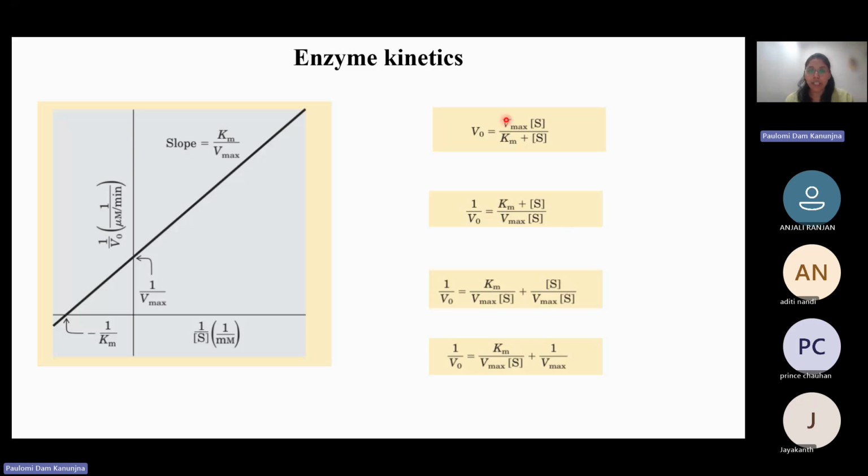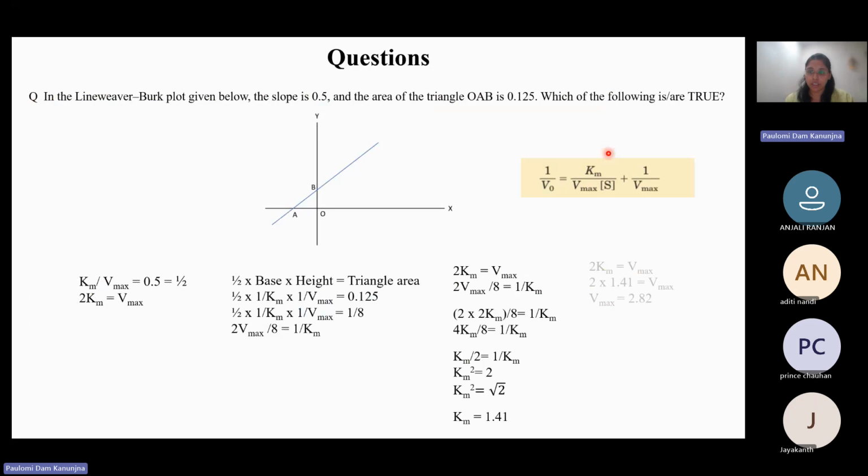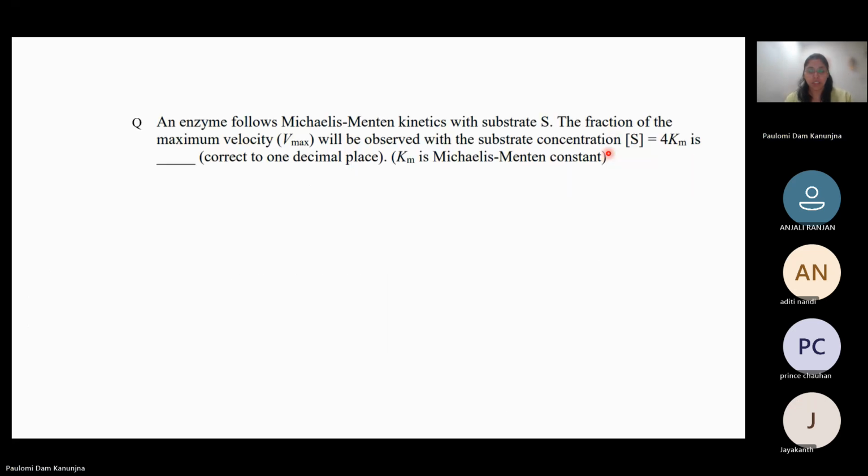If you have noted it down, it's well and good. If you remember, that's perfect. If you are still finding it difficult, you can note it down for your reference and use this equation for solving the answer. Your S is 4 Km. So what is the fraction of Vmax that is being used currently in this question at substrate concentration being 4 times Km?